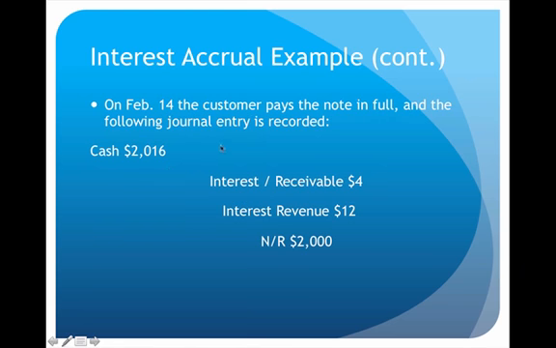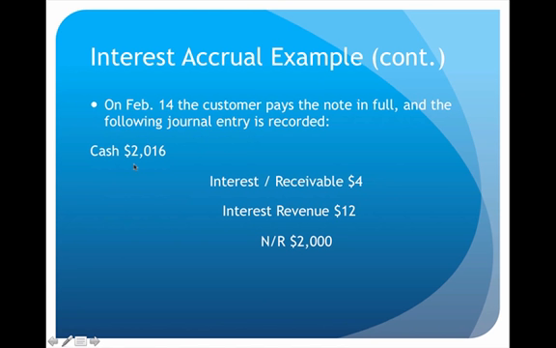And then I have the final journal entry. The following year, February the 14th, it's now been 60 days, and now the customer is required to pay the note. Now, when they pay me the money, I'm not just going to get the principal, I'm going to get the principal plus interest. So in this case, it's the entire time span.